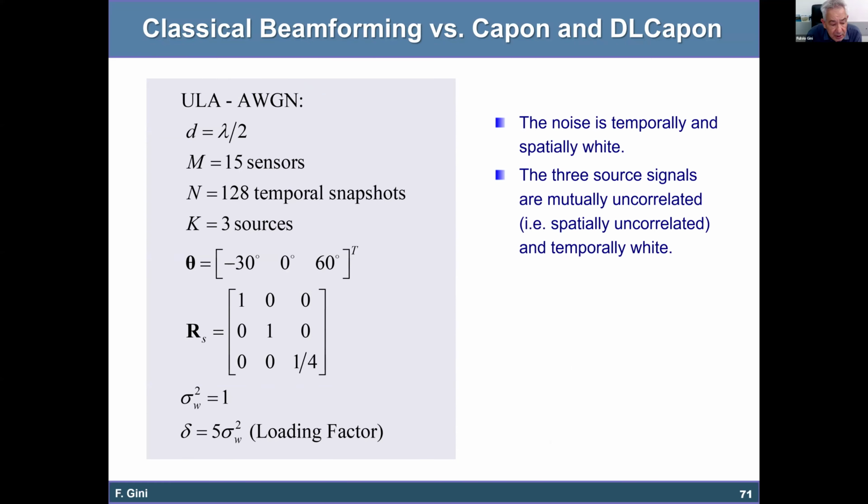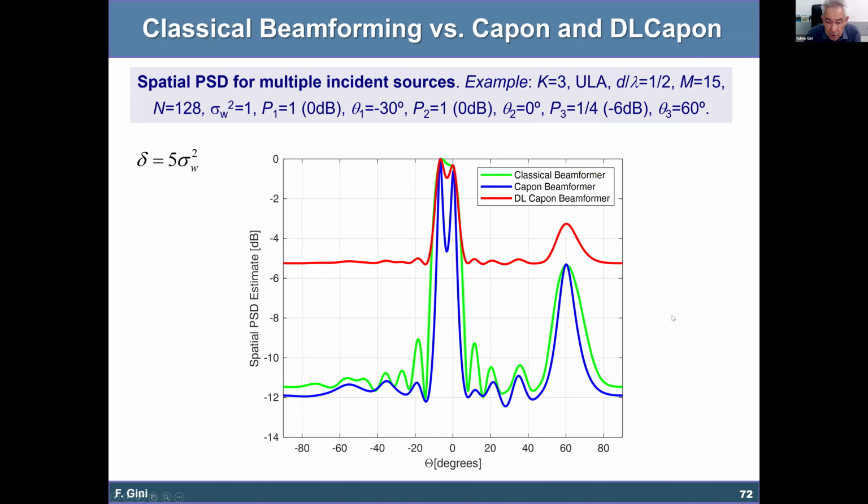We assume that there are three sources coming from these angles. The covariance matrix of the signal is the same as before, so the three sources are uncorrelated with powers 1, 1, and 1/4. The noise power is 1, and I'm setting the loading factor equal to 5 times the noise power. So this is what you get.